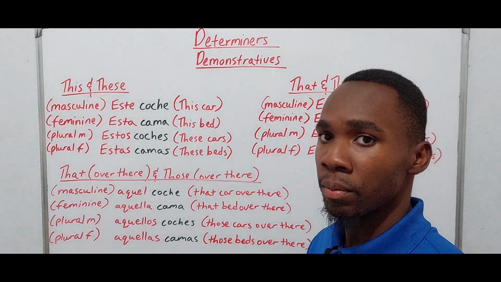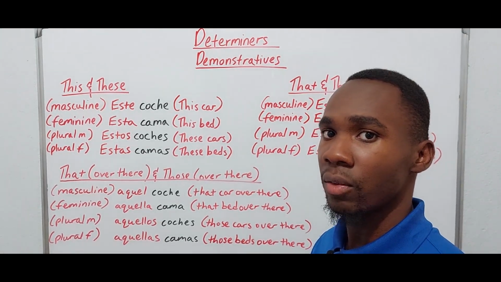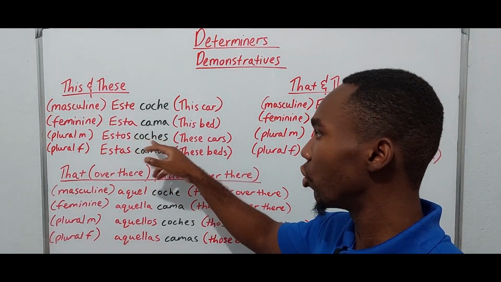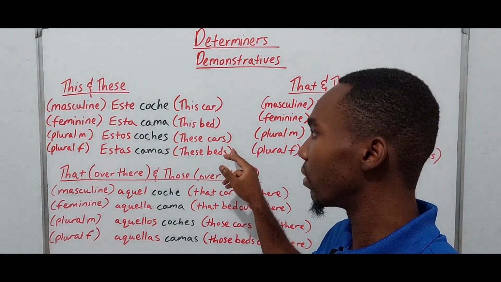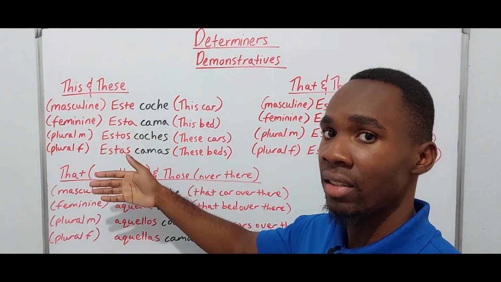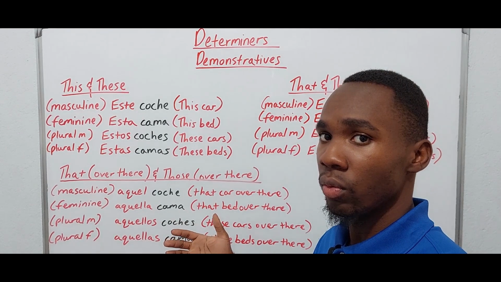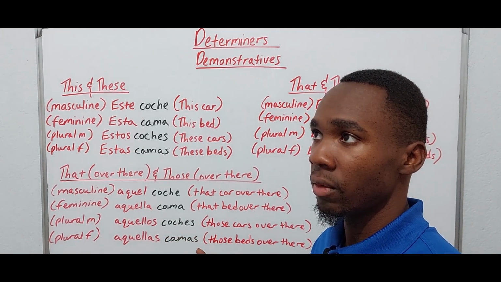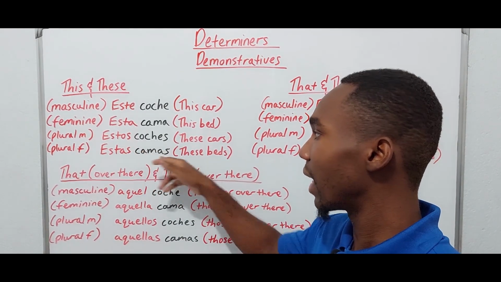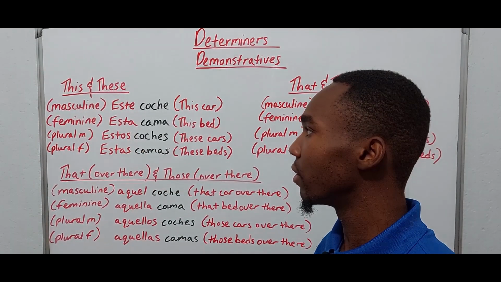If we want to make them plural, and the plural of this would be these, we would say estos coches, these cars. If you want to say these and the noun is feminine and plural, we would say estas camas, these beds.